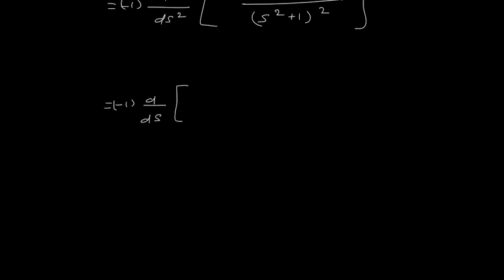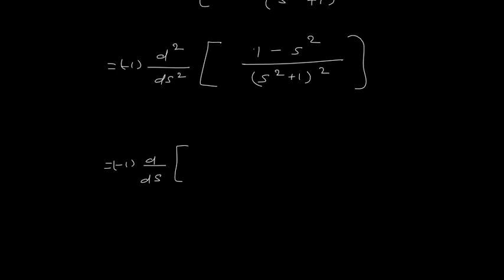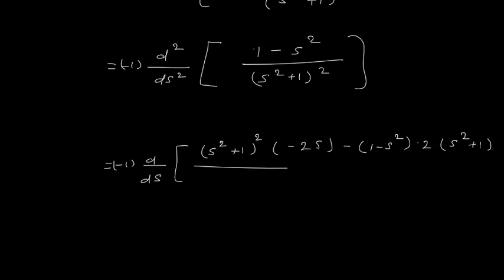So it is s square plus 1 the whole square into, I have to differentiate this part. So the derivative of this part is minus 2s. Minus, I will take 1 minus s square and I have to differentiate this. So it will be into 2 into s square plus 1 and whole divided by s square plus 1 the whole square.